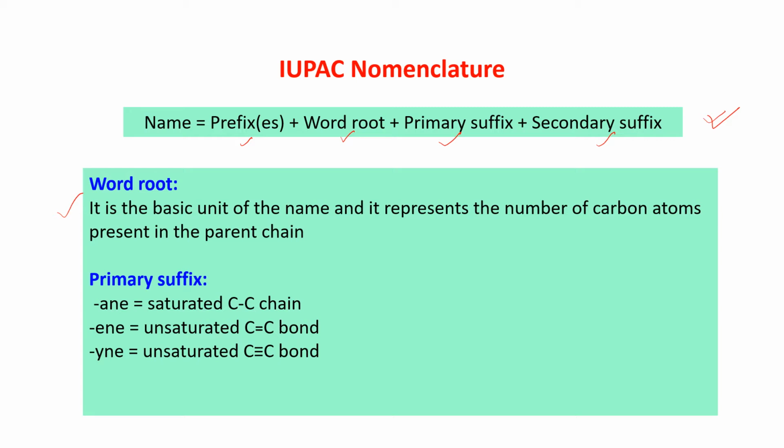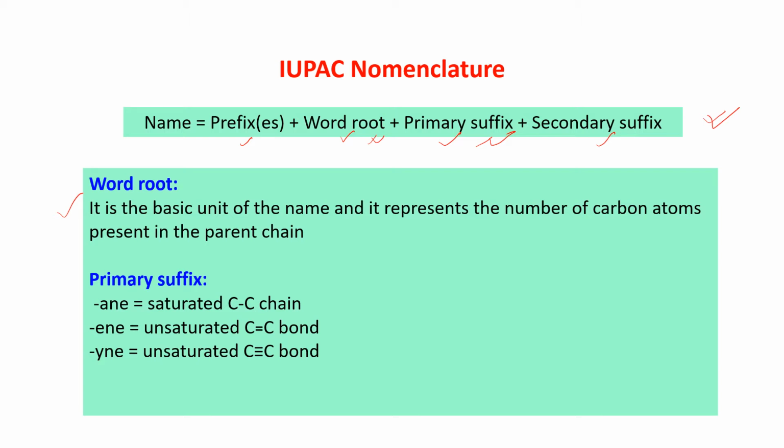Okay, now primary suffix. You can see that primary suffix comes after word root. If it is a saturated carbon-carbon chain, then the primary suffix is written as ane. If it is an unsaturated carbon-carbon chain with a double bond present, then the primary suffix will be ene.